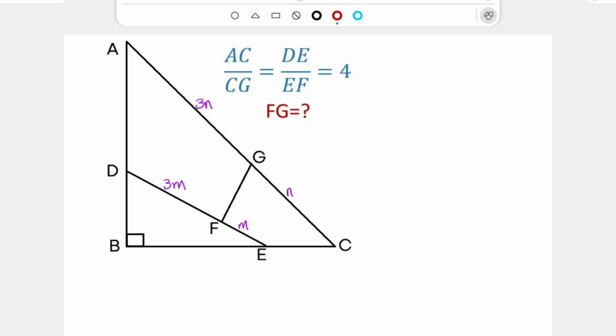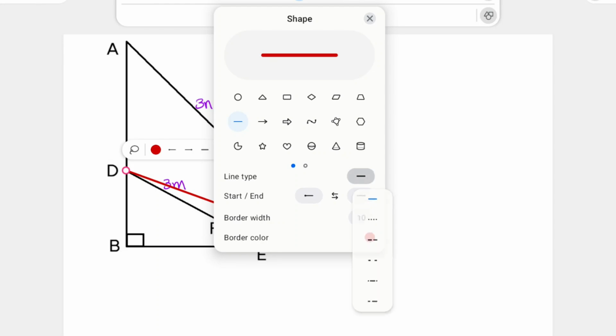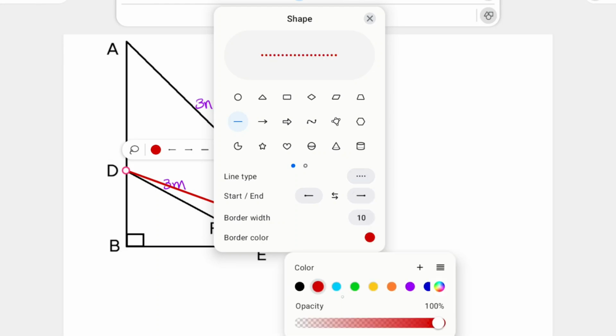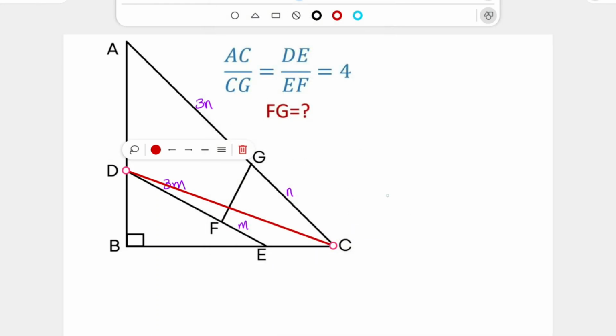I'm going to connect this corner to this corner using a line, and then I'm going to draw another line from this corner to this corner, and I'm going to make that parallel to this line.